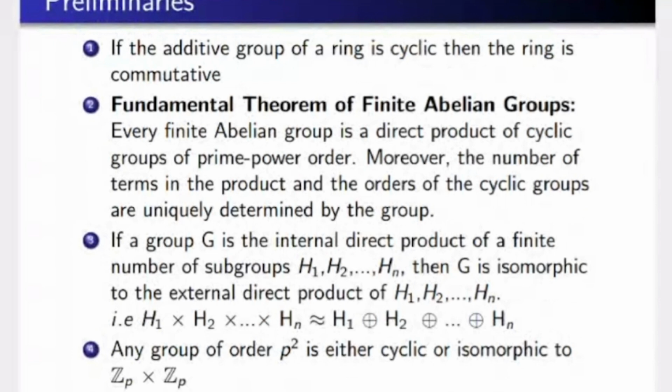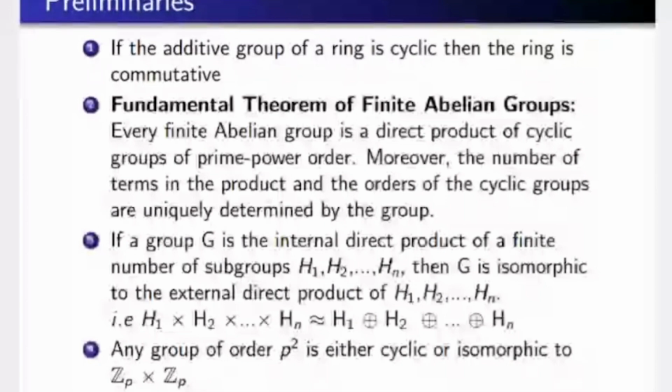Second, the fundamental theorem of finite abelian groups: every finite abelian group can be written as a direct product of cyclic groups of prime power order, and each such representation is unique. Third, if the group is an internal direct product of some finite number of subgroups, then the internal direct product of these subgroups is isomorphic to the external direct product of them.